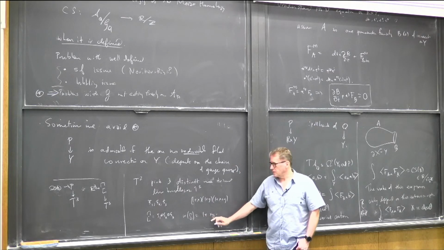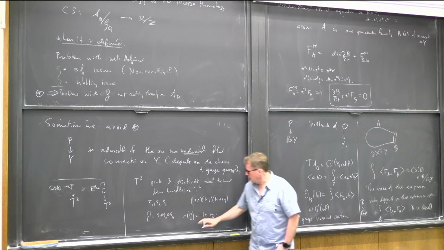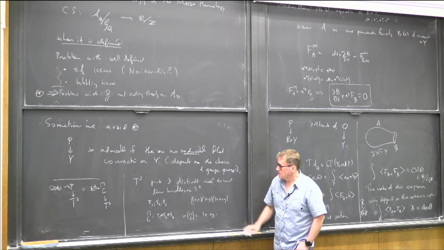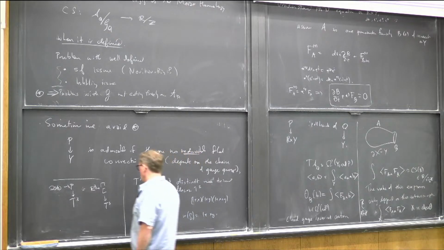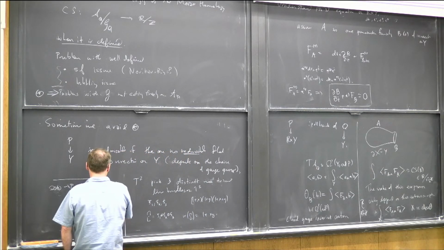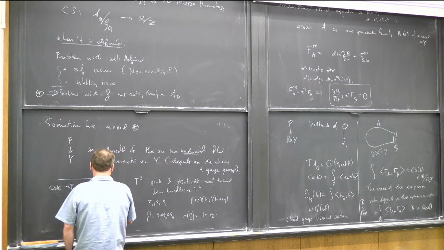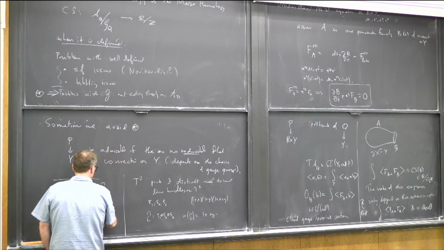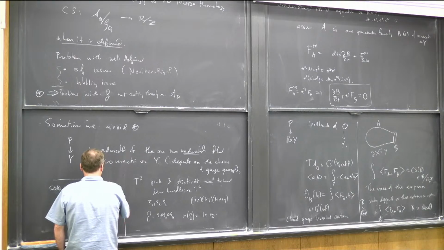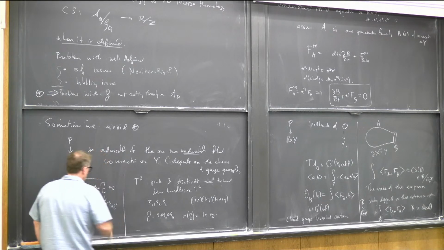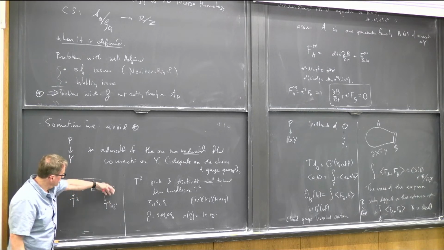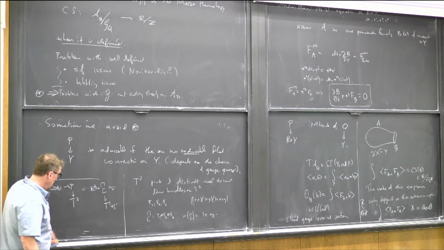So it's orientable, W1 is 0, and W2 is non-zero. Right? So the bundle that I want on the 3 torus is, say, C times S1 over T2 times S1, just the pullback of this guy.